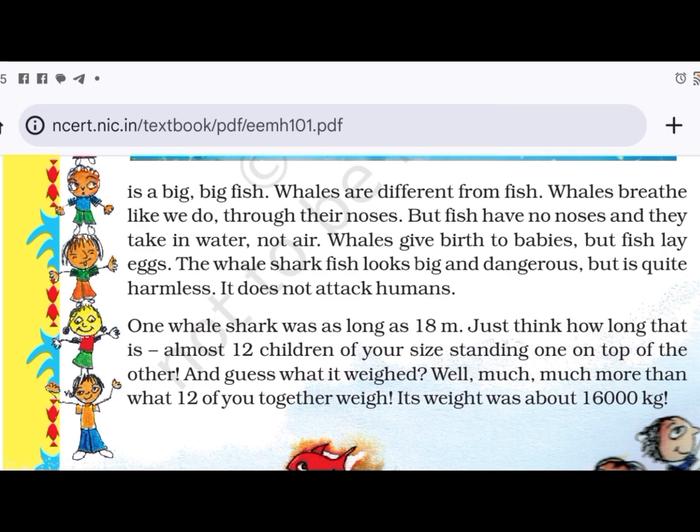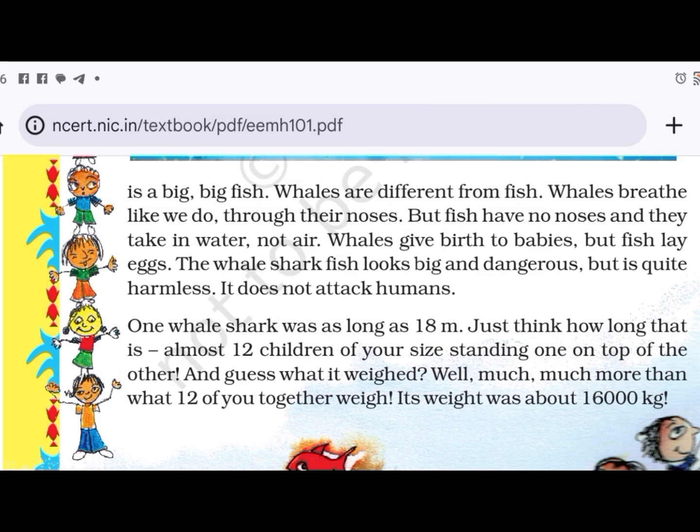Children, did you understand what is being said? If you and your friends, a total of 12 children, stood one on top of the other, and we calculate the weight you gain by standing together, the shark's weight is much more than that.